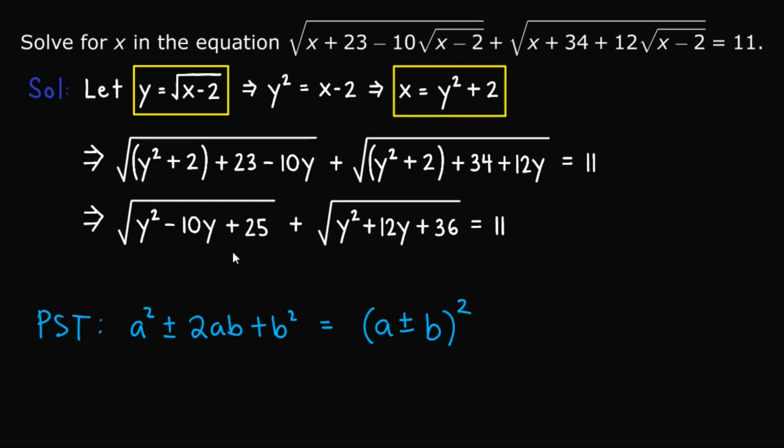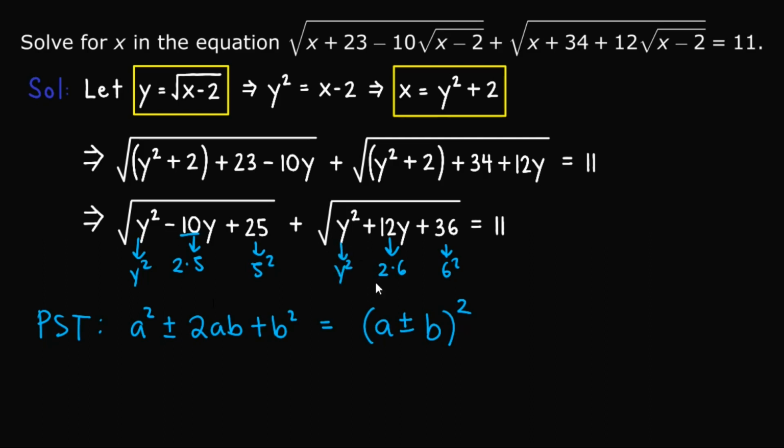Doing the same for this one, take note that the 10 out here is equal to 2 times 5. This one is equal to 5 squared. This one is equal to y squared. This one out here is equal to 2 times 6. And this one is equal to 6 squared.